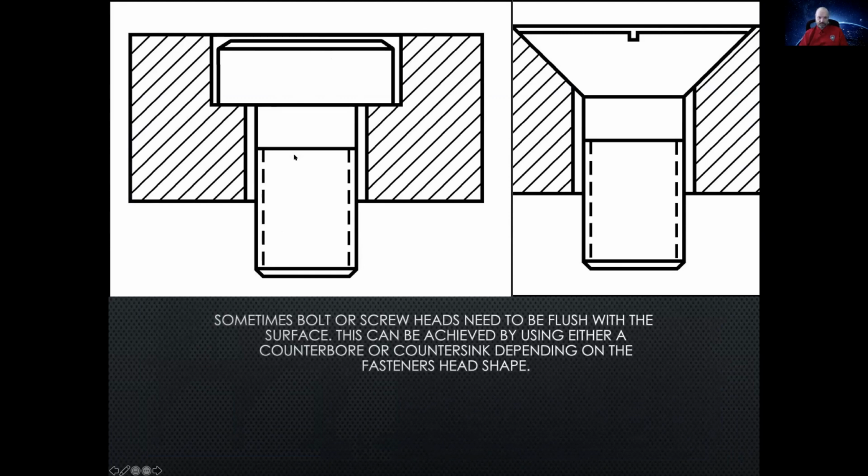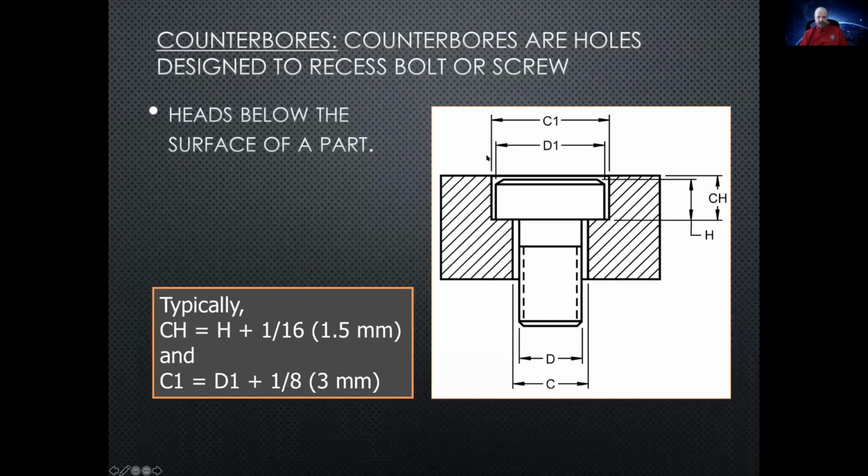That's one way to do it. So now you've got D1 and C1. D1 is the diameter of the bolt head, and C1 is the diameter of the hole that the bolt head fits into. CH is the depth of the hole, and H is the height of the bolt.